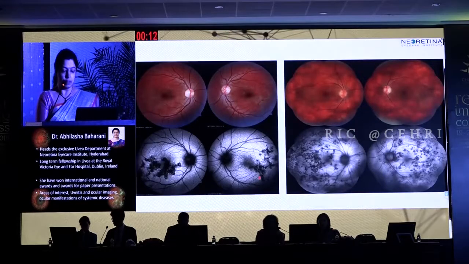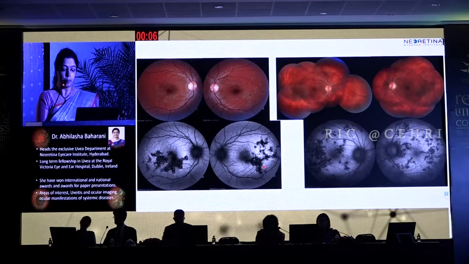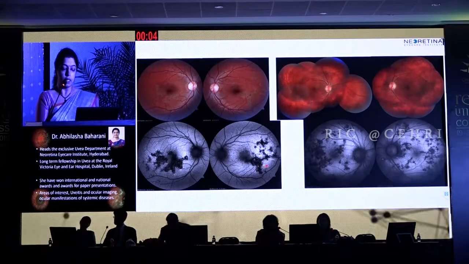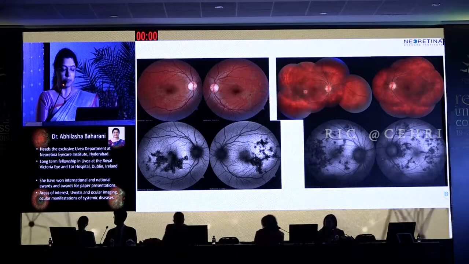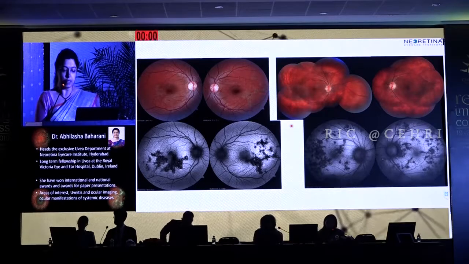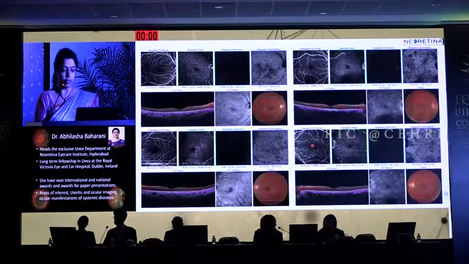This is stippled autofluorescence again, and now this is more of a hypoautofluorescence. Here also, because the treatment was given in time, the RPE loss is less marked, and you see more of isofluorescence on autofluorescence pictures.